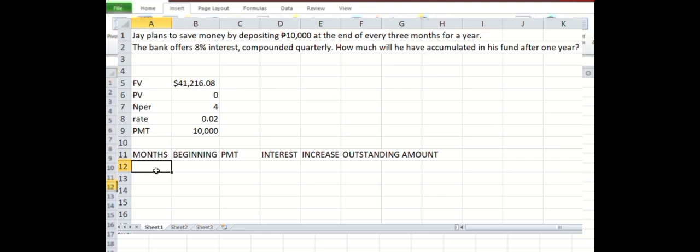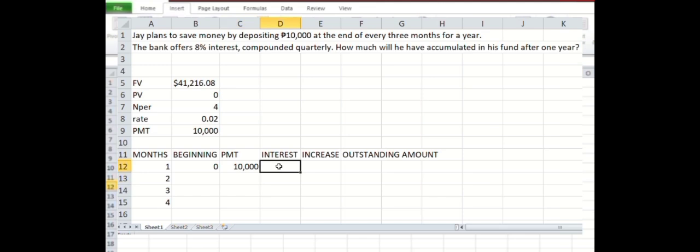Now, let's move to our table. For our table, we have 4 quarters. Why? Because in a year, there are only 4 quarters. For the beginning, let's put 0 here. And for our PMT here is the 10,000.